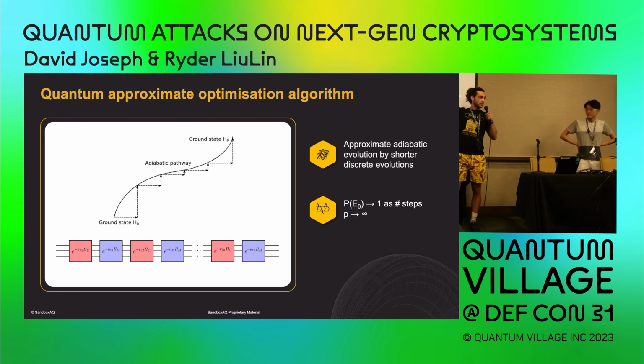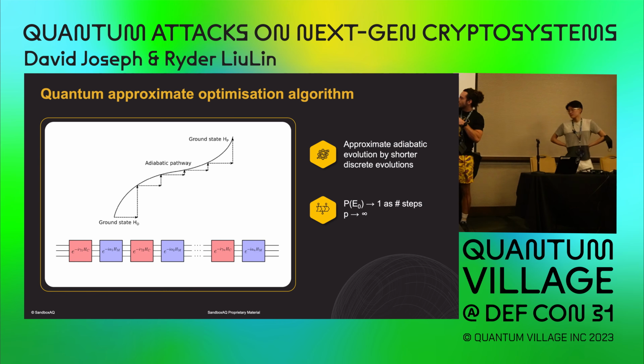Which is really interesting because basically it discretizes the continuous pathway. If the adiabatic stuff is smooth, then the QAOA is done in leaps and bounds. And there's an interesting theory which says that if you do this in an infinite number of steps and approximations, it will exactly be the adiabatic algorithm.